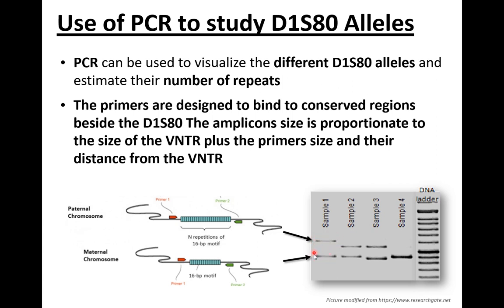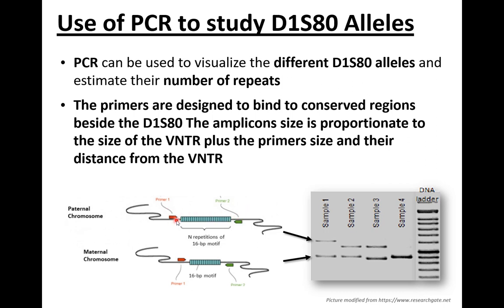We'll talk at the end of this lecture about how you can use a DNA ladder to estimate the size of any DNA band, in this case the amplicons produced from the D1S80. If you can figure out the size of these bands, you can also figure out the number of repeats, because the total size goes from the beginning of this primer to the end of this primer.